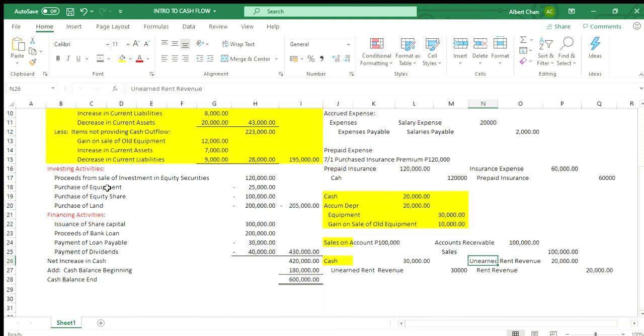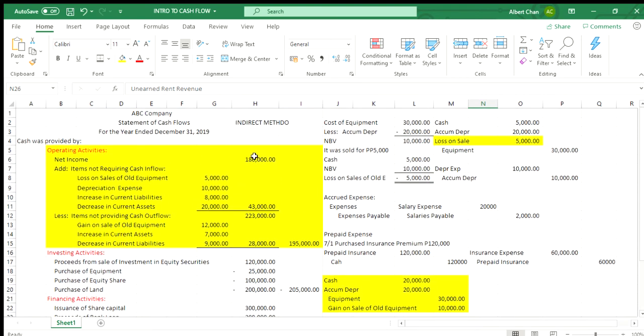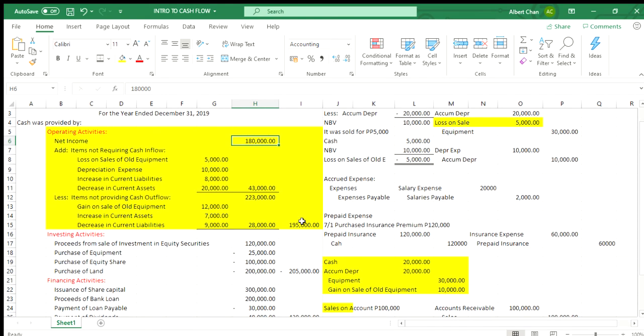So, in short, if your net income is 180,000, it doesn't necessarily mean that your cash provided by operation is also 180. In this case, your net income is 180, but your cash provided by operation is 195.